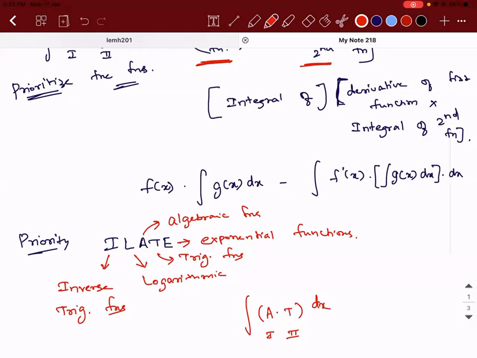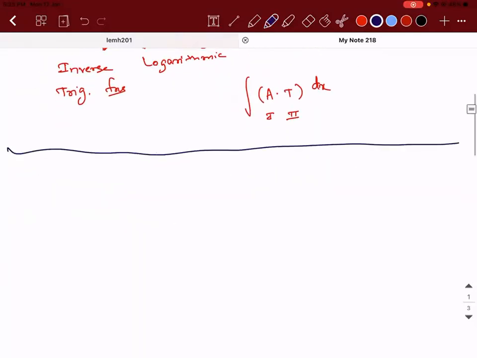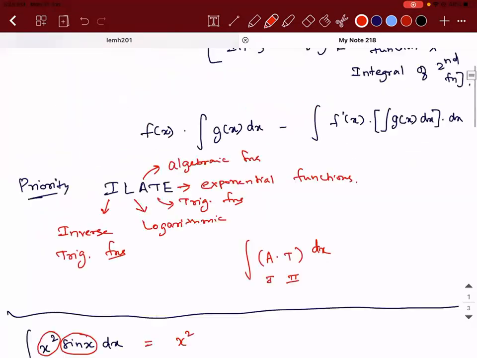Right. So you're done. Now listen to this. Suppose there is a question like this: integral of x square sin x dx. So this is a product of what? x square stands for algebraic, sin x stands for trigonometric. So algebraic is first, trigonometric is second. So what is the formula telling us? When you have the product of two functions, you should write the first function as it is.